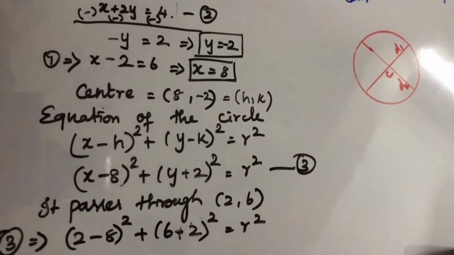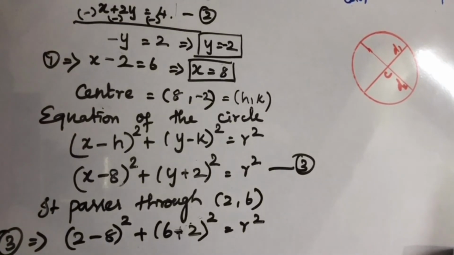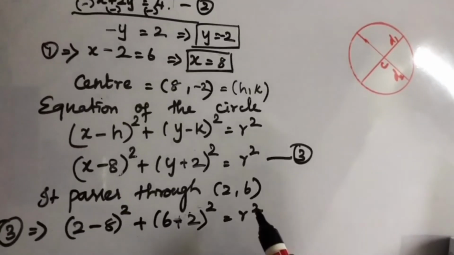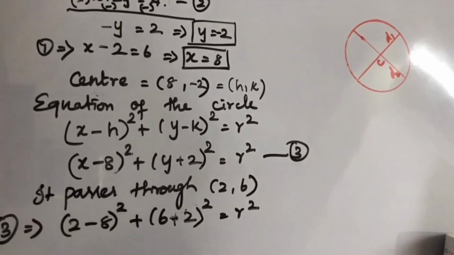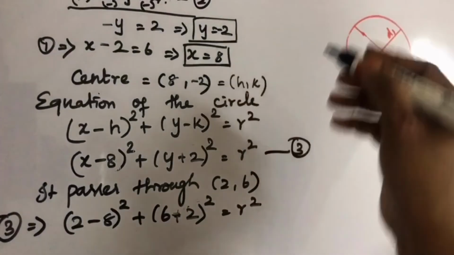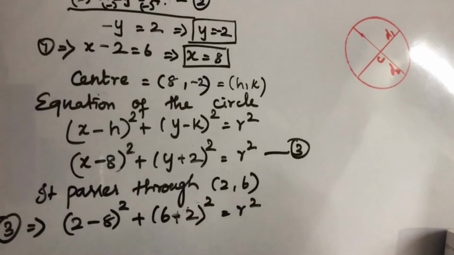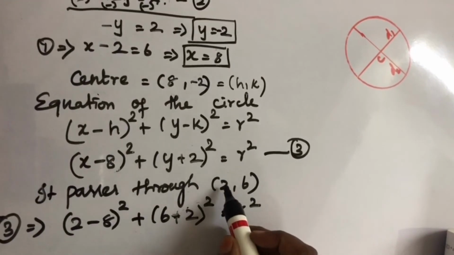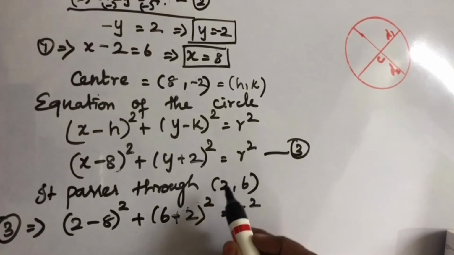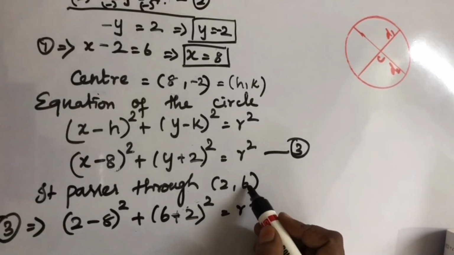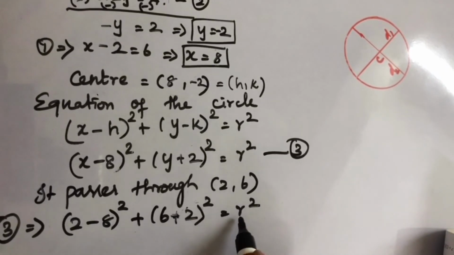So instead of x and y, I can find the distance between these 2 points and find the radius, or else if I substitute this point, instead of x if I substitute 2, instead of y if I substitute 6, there also I get the radius.